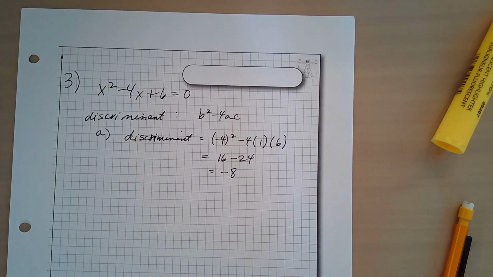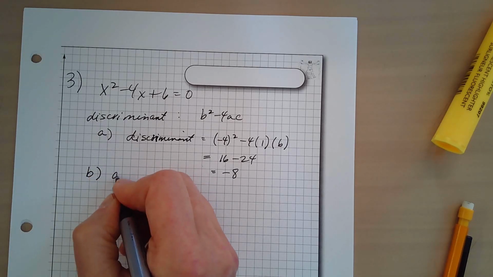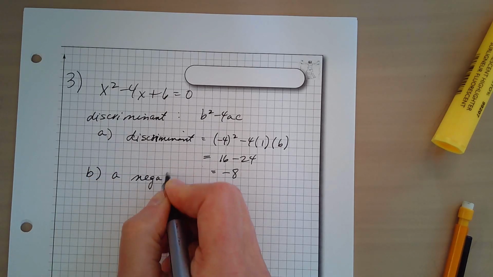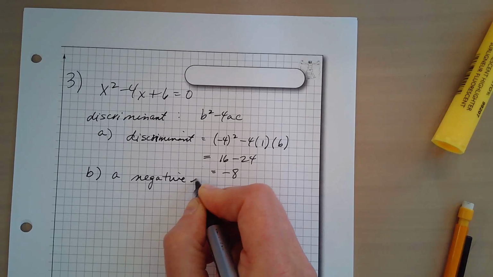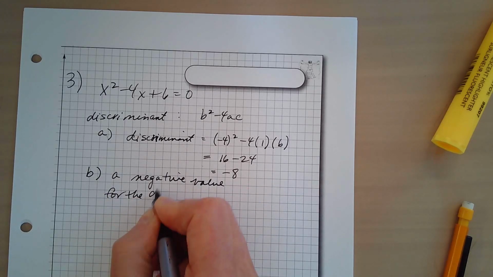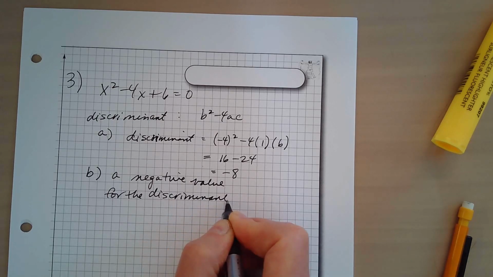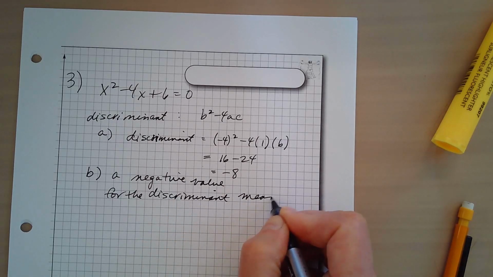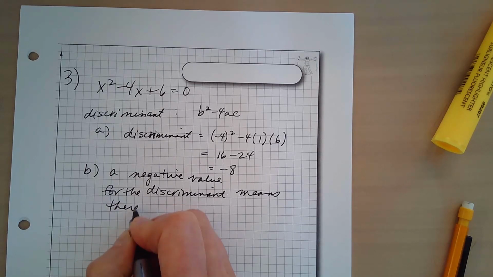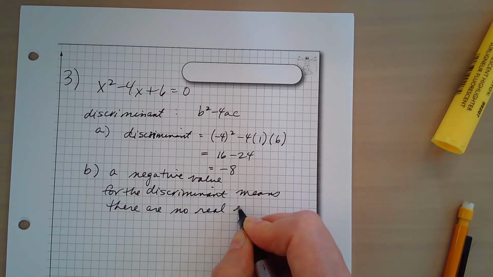I got a negative discriminant. A negative value for the discriminant means there are no real roots.